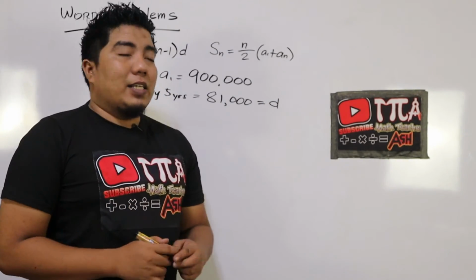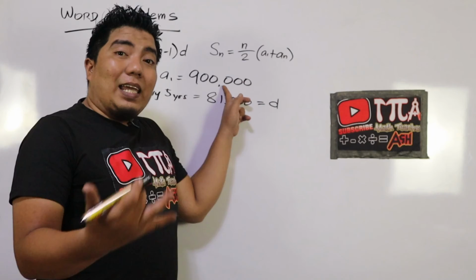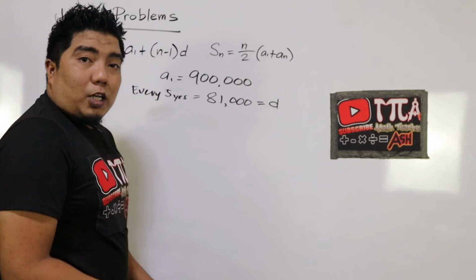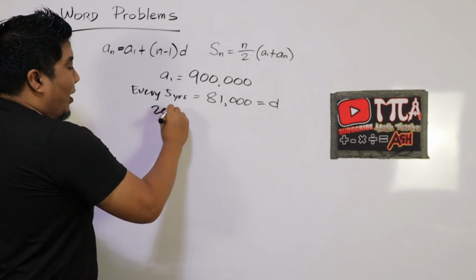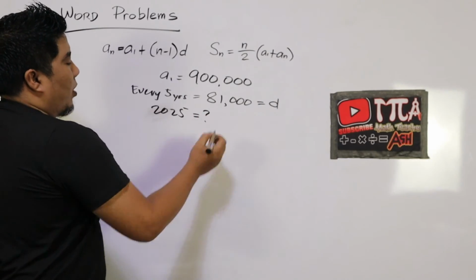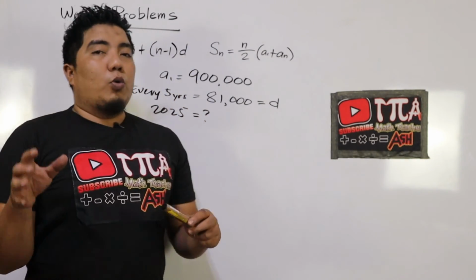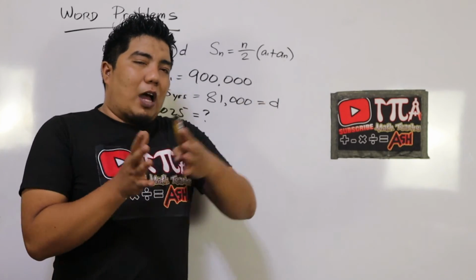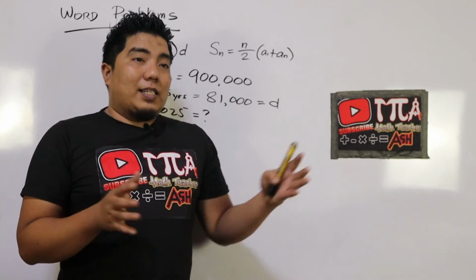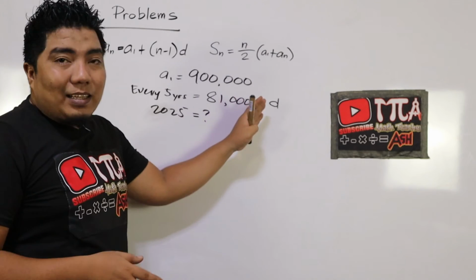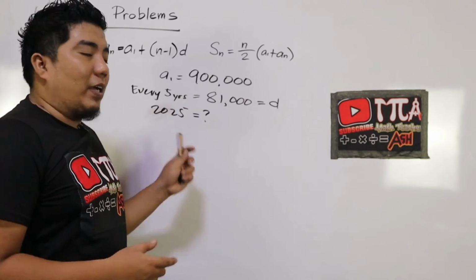Now, the question is, if this was the cost of the lot in 1995, how much will it cost in 2025? So, my dear math learners, first we need to know how many terms it takes from 1995 going to 2025.